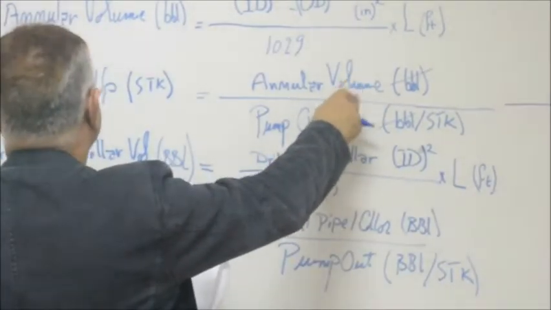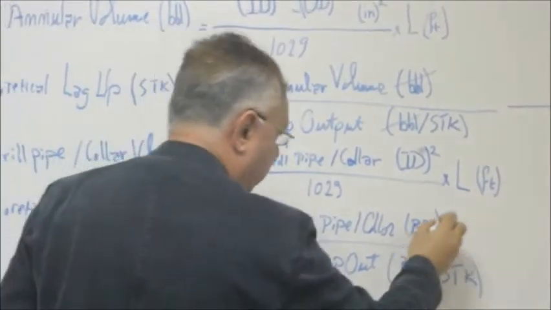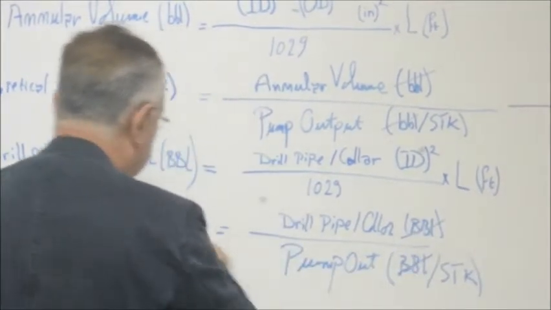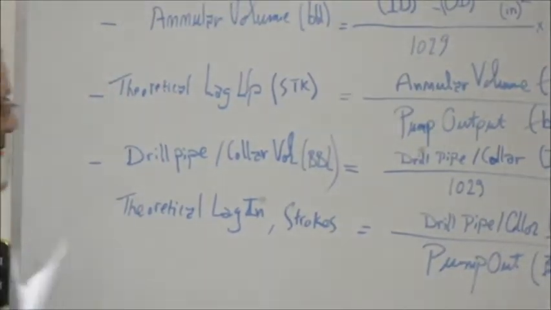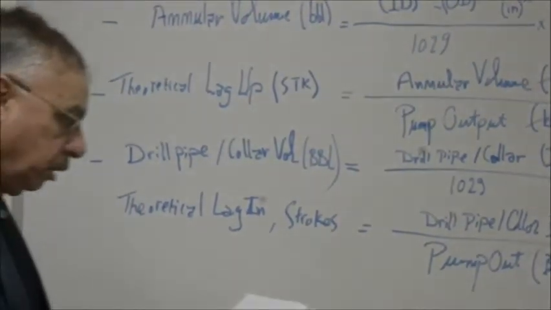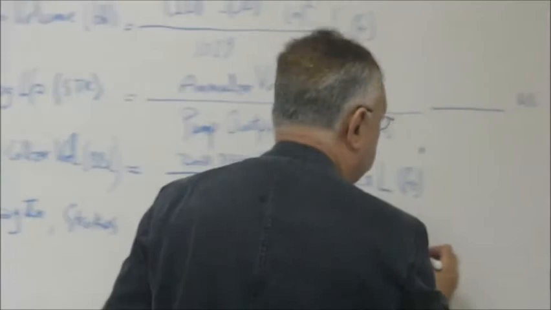Same like the theoretical lag up, this barrel will cancel with this barrel, and we will have strokes. The lag in strokes. Now this equation will be number 2.